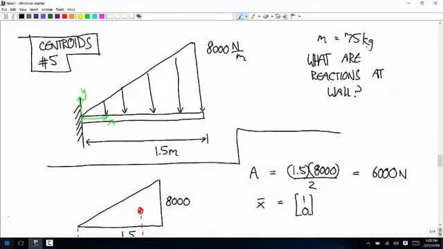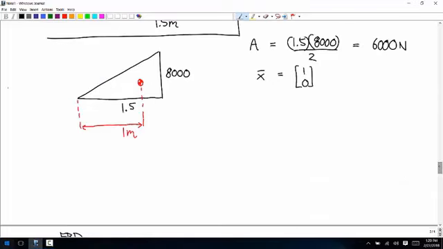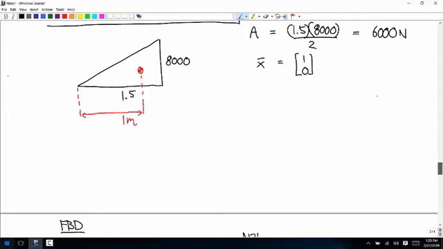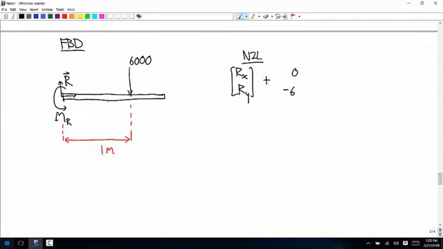Okay, so the mass is 75 kilograms. So we calculated the stuff we need for this distributed load. We also, in our free body diagram, have to include the weight force. So that acts right at the center. And it has a magnitude of 75 times 9.81, which is 735.75.